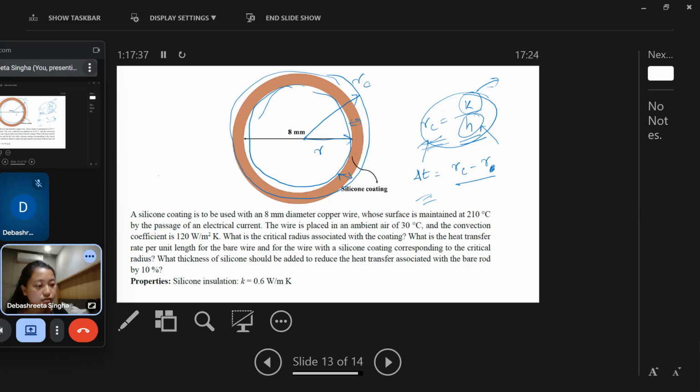You have to check the units very carefully, okay? If you're solving in SI units, then all the units should be in SI.